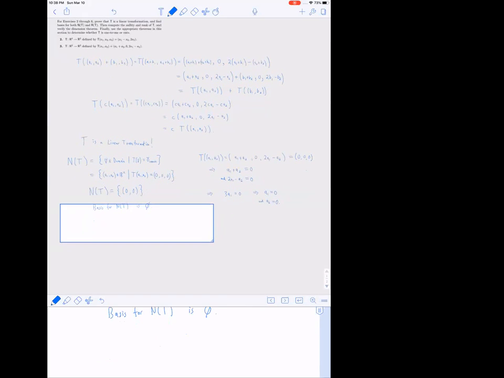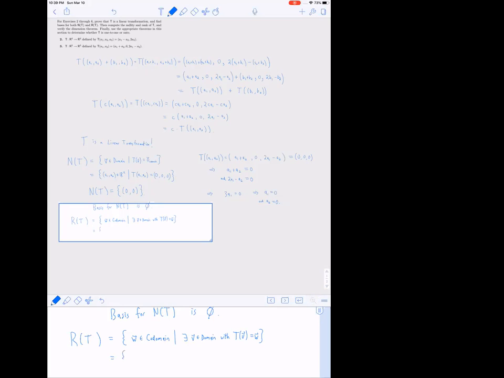So now let's look at the range of T. So the range of T is equal to the set of all W's from the codomain satisfying the condition that there exists a V in the domain that T sends onto that particular W. Okay, here's another way of writing exactly the same thing.